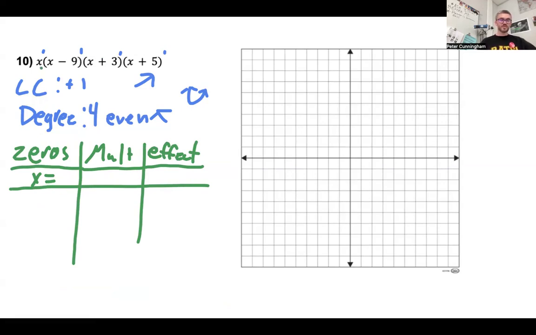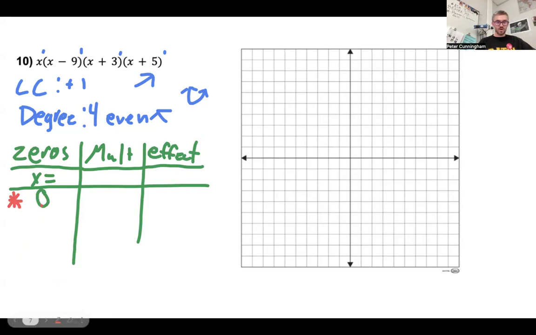So I'll go from left to right here just because I want to emphasize, hey, if x is all alone or if it has just a number multiplying by it, right, that's going to give me a zero of 0. Right now, before I even leave it, that's going to be my y-intercept too.